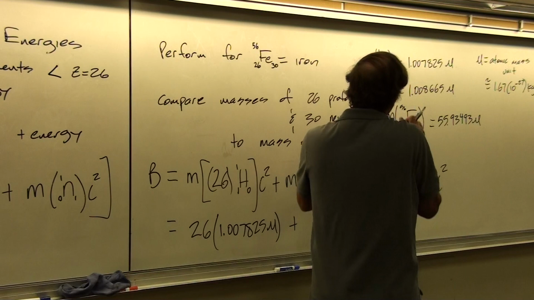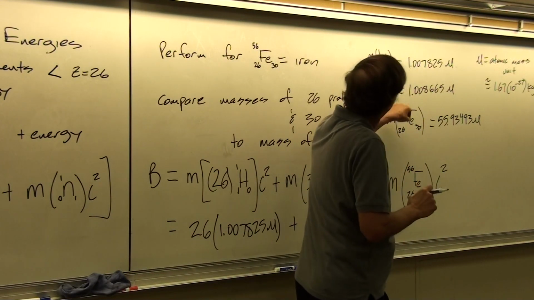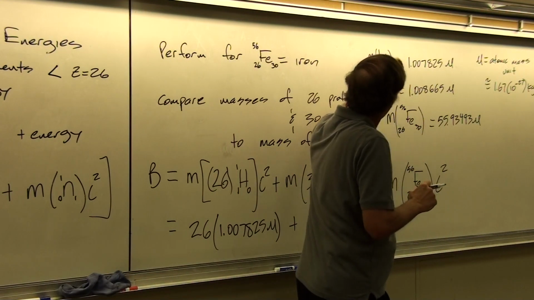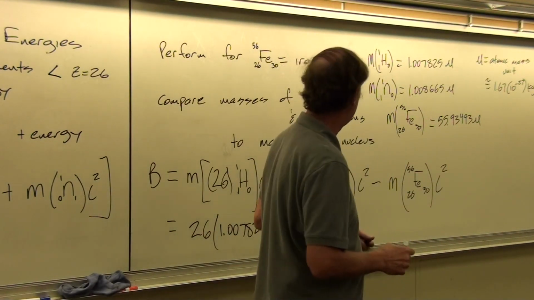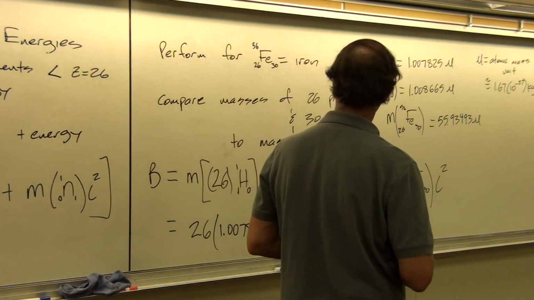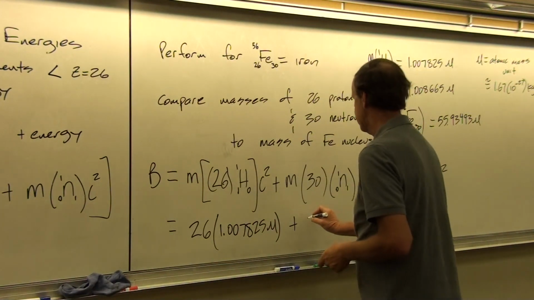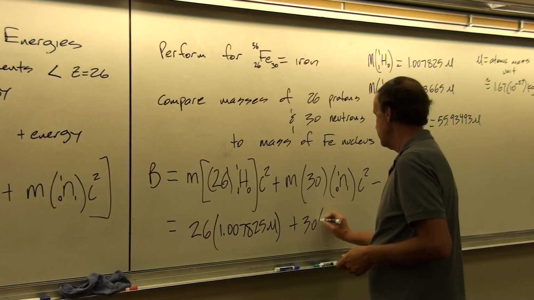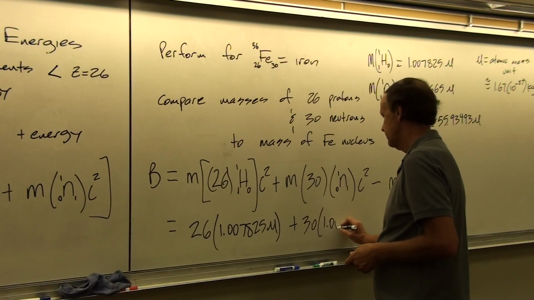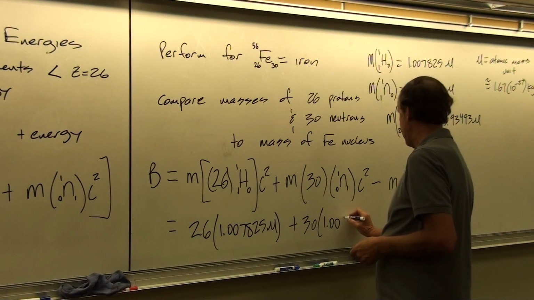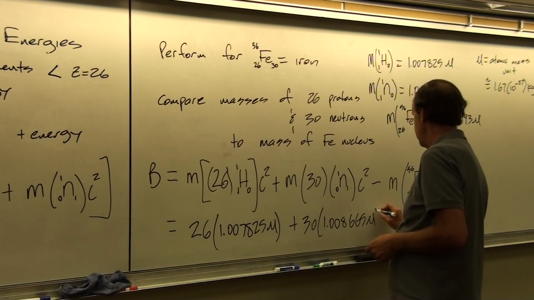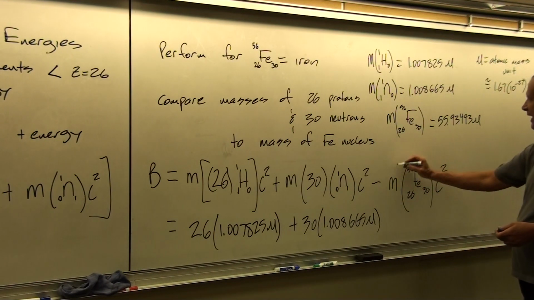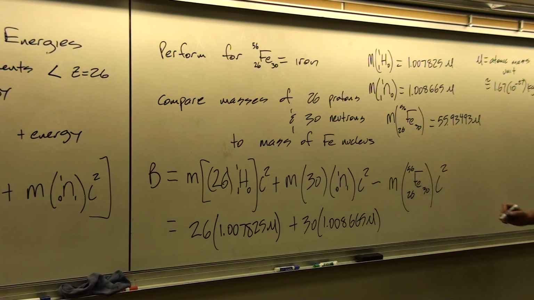So it's like we've taken little tweezers and we've pulled out all the protons and the neutrons, and then we weighed them all when they're separated from each other by a large amount, and we determined that that's the total mass. So this is 30 times 1.008665 mu.